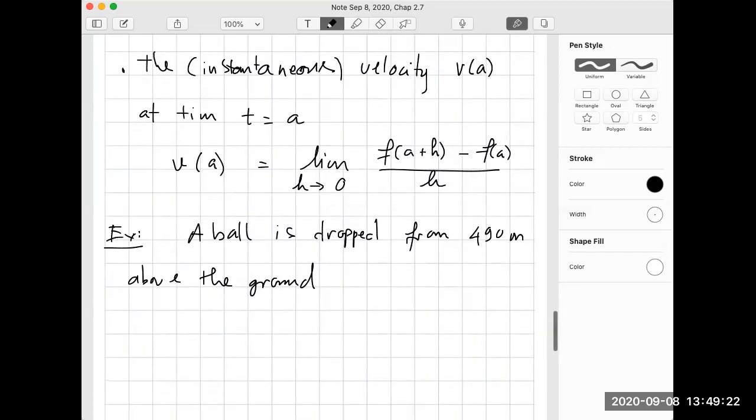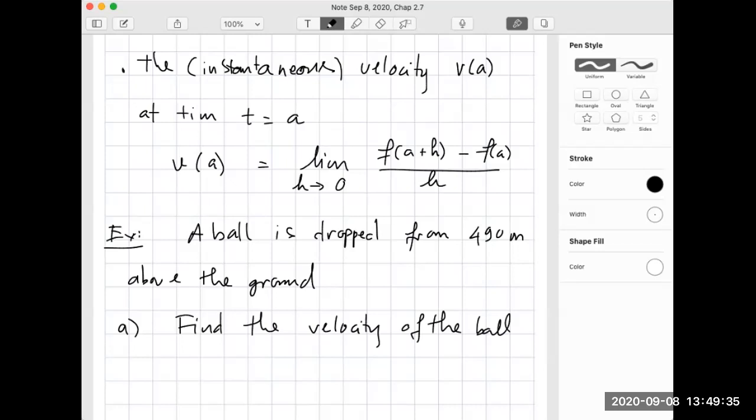First, find the velocity of the ball after 5 seconds.